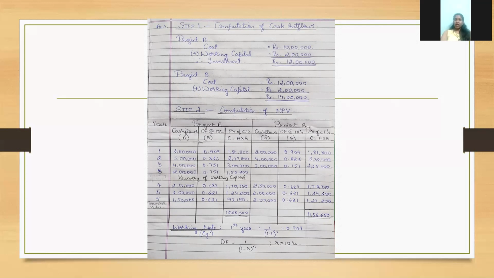So for 2 lakh, the discount factor at 10% comes to be 0.909. Second year it is 0.826. Third year it is 0.751. Again third year it is 0.751. Fourth year is 0.683. Fifth year it is 0.621 and the last is again 0.621.